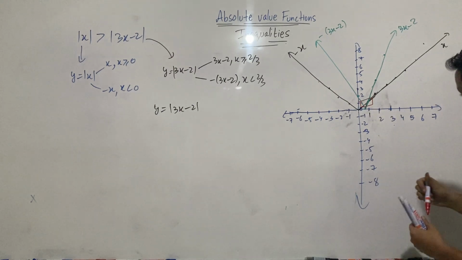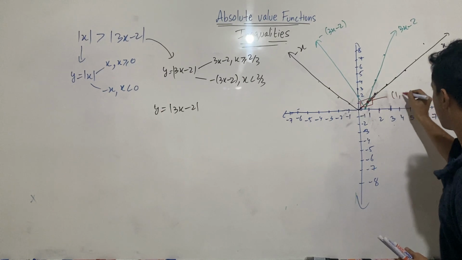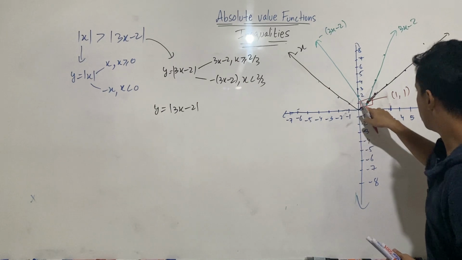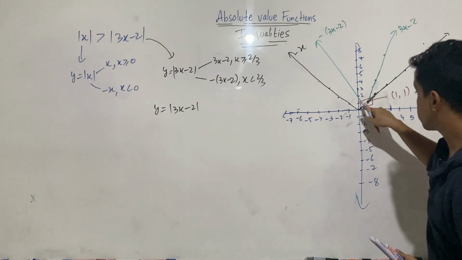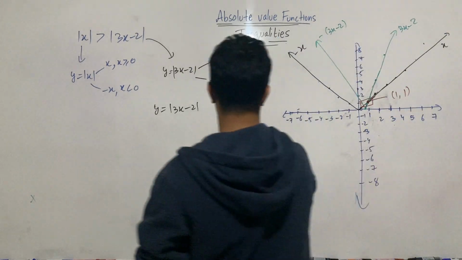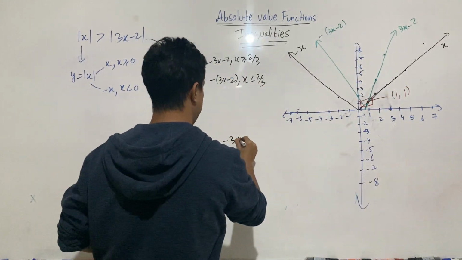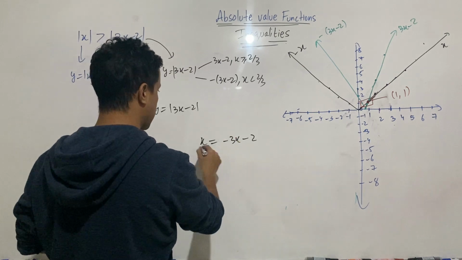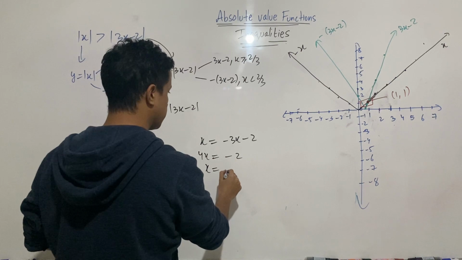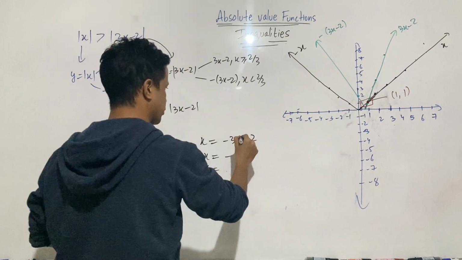And now we know that here the coordinates are 1, 1, so the x coordinate is 1, but we don't know the point of intersection. So see here, this line is x, so you can equate this line with minus 3x plus 2, sorry.